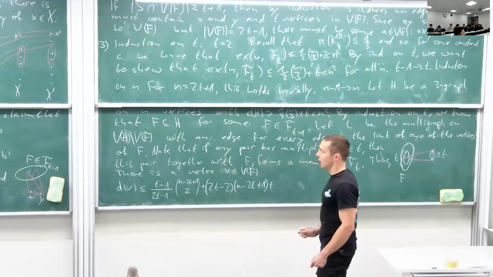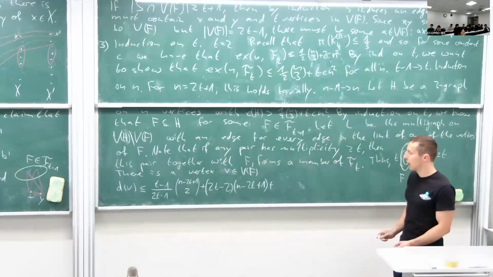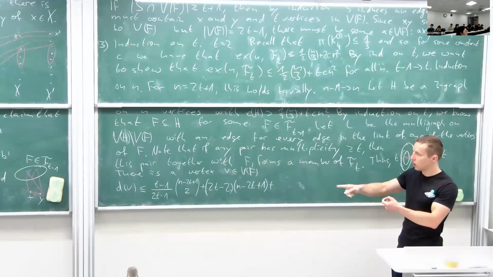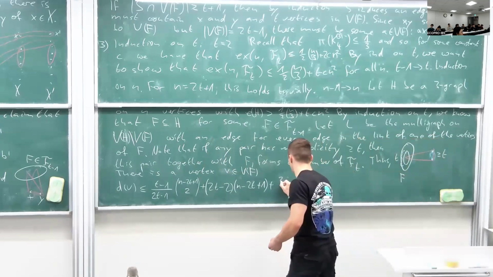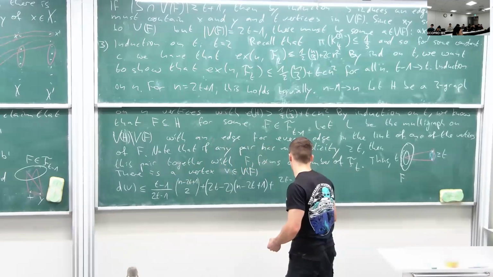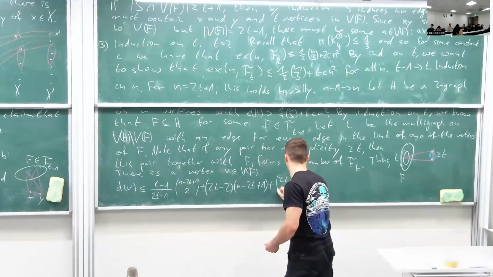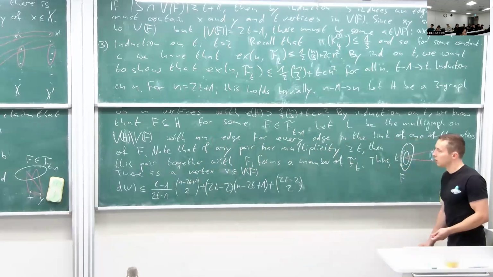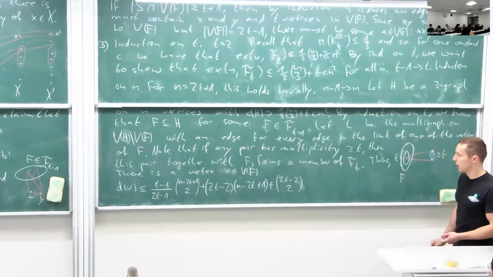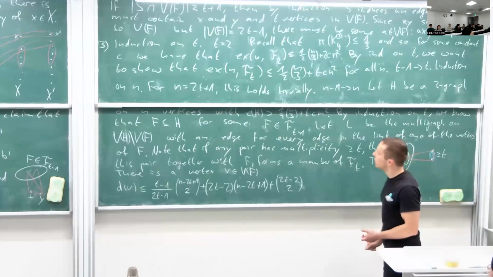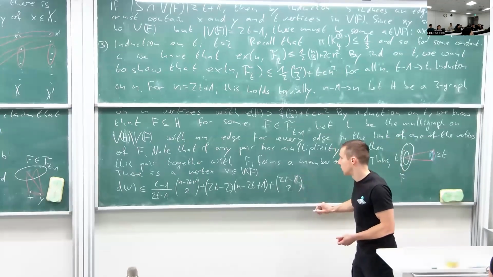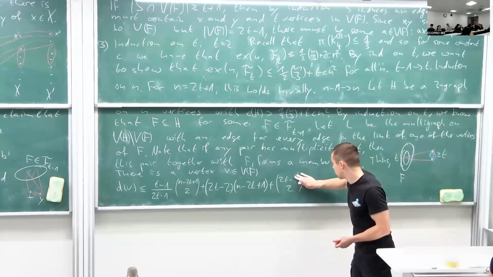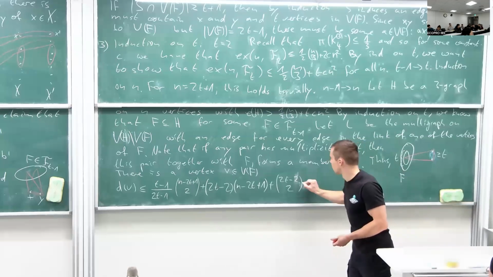And lastly, we should also count just the edges which our v has within that F. Okay, so 2t minus 2, choose 2. And oh, this should be 2t minus 1. Minus, oh yeah, minus 2.